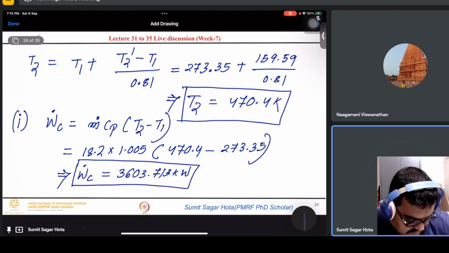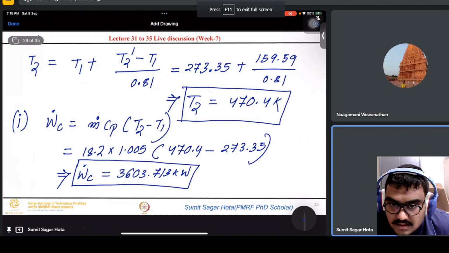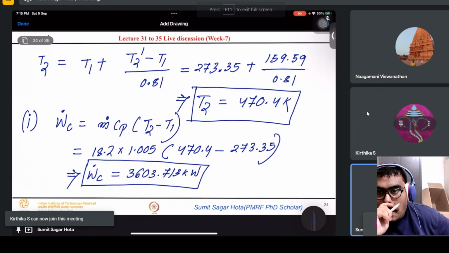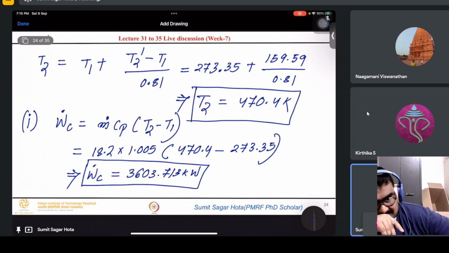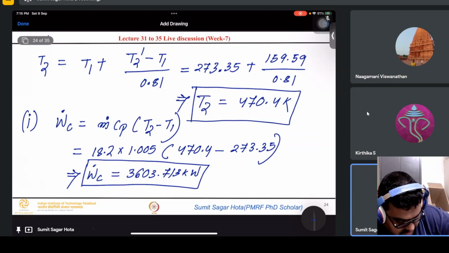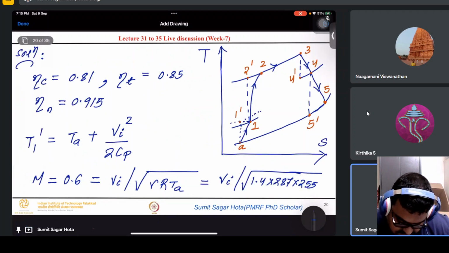So we now know the power input to the compressor. In the question we have isentropic efficiency of the compressor, turbine and nozzle.